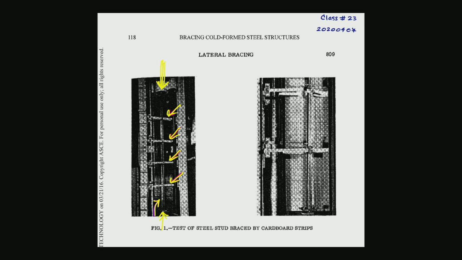So the rotation about the strong axis is not allowed, it is prohibited. And at these arrows, I think you can see this strip, and these strips are the brace that I mentioned. They are made of cardboard.